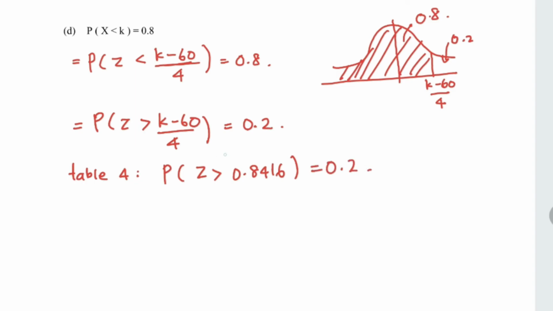So (k minus 60) over 4 equals 0.8416. So k equals 63.3664.